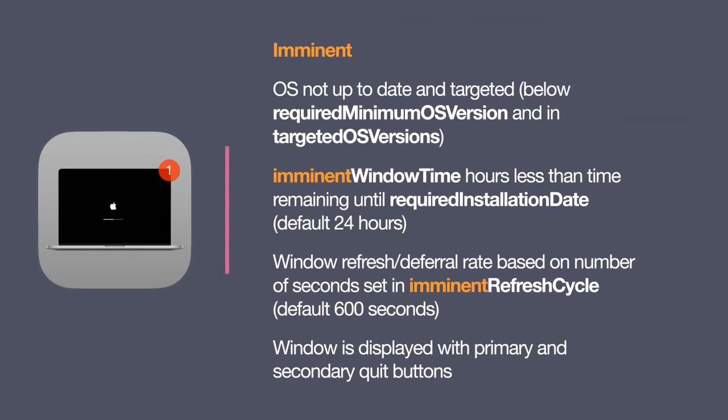So here the user experience is similar to the approaching stage. We'll see the same window with the 2 quit buttons, but Nudge will refresh and increment its deferral count based on the number of seconds you set in the imminent refresh cycle preference. So you can make Nudge refresh more aggressively here as we get closer and closer to the required installation date.